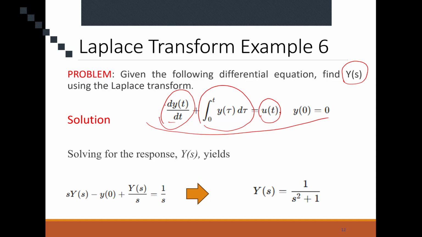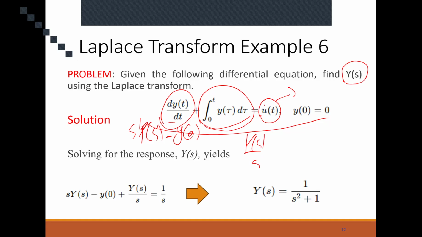We know that the Laplace transform of dy over dt is going to be s y of s, minus the initial value. We shouldn't forget that. The Laplace transform of the integral is y of s over s.